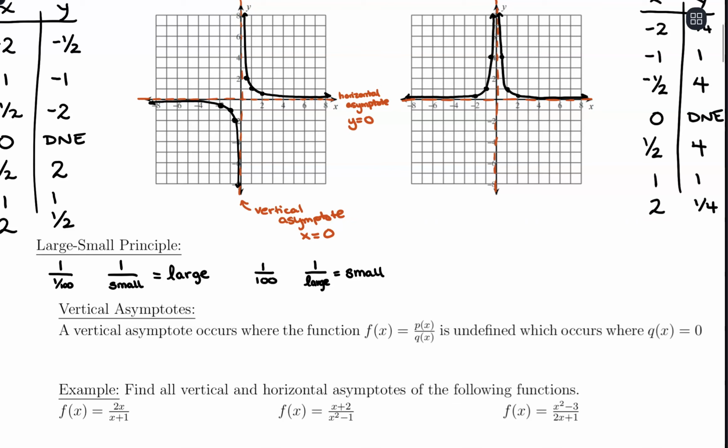But basically, in this case where we're plugging in really small values, that's going to be very close to the vertical asymptote, so that's like our short-run behavior. And then this scenario where we're plugging in really large values, that's our long-run behavior.